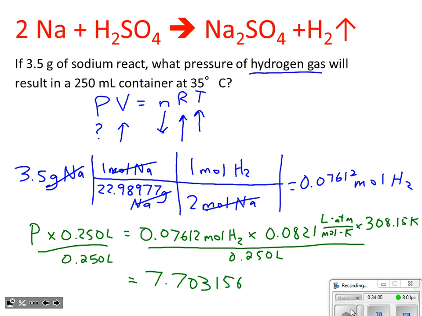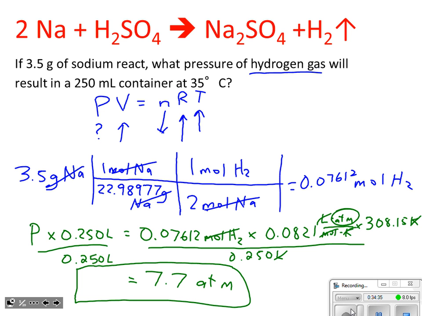I need to get a label. I need to get sig figs. I can see that I have 2 significant figures, right? So when I take that to 2 sig figs, it's 7.7. What's my label going to be? Here's a mole, cancel with the mole. Here's a liter, cancel with the liter. Here's a Kelvin, cancel with Kelvin. I'm left with atm. So my pressure in this situation is 7.7 atmospheres of pressure.